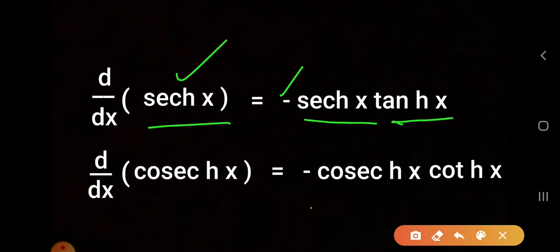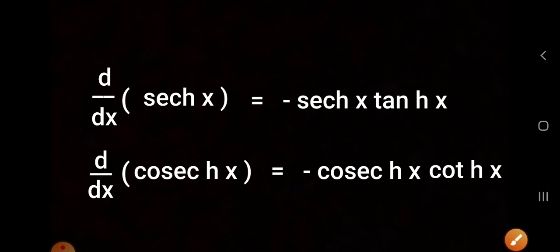In trigonometric functions, keep the sign as is, but here the first three plus and the second three should have minus. So these are the hyperbolic trigonometric functions.